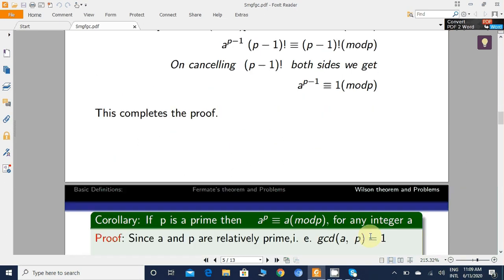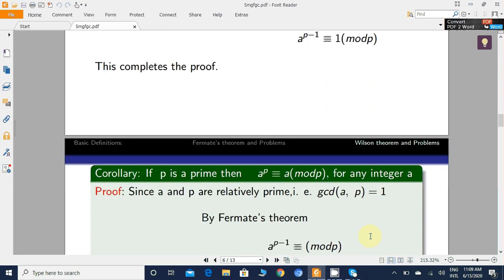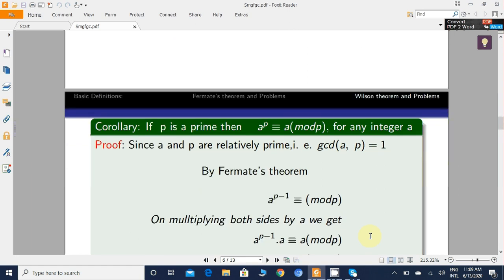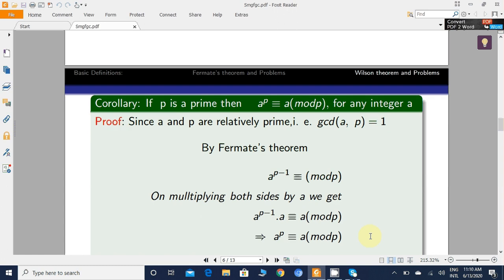So the corollary of the above theorem is, if P is a prime, then A power P is congruent to A mod P for any integer A. Since A and P are relatively prime, that means the GCD of A and P is equal to 1.